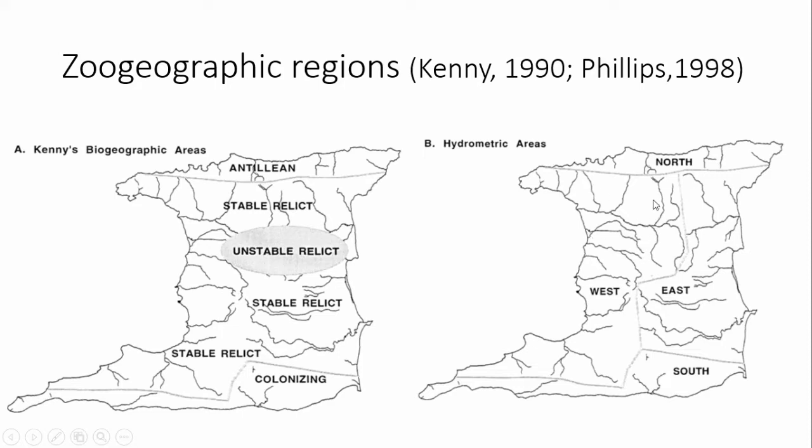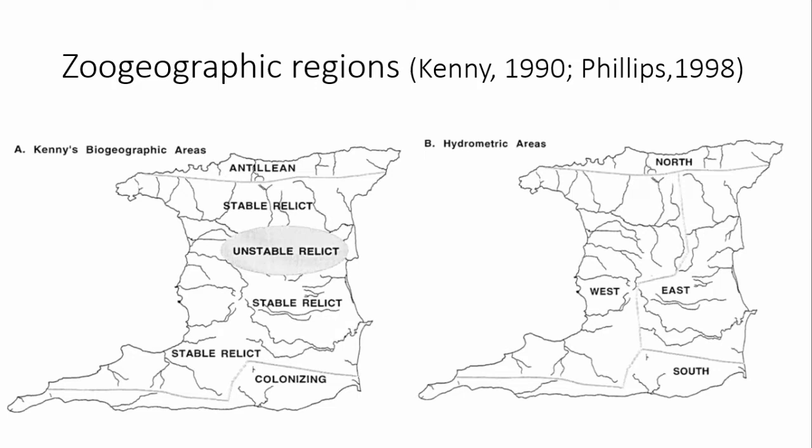We have the Caroni drainage, and then we have the south Oropouche and the west drainage here, making up the bulk of Trinidad's freshwater drainage systems. In fact, the south Oropouche drainage is roughly 1/3 of all Trinidad drainage, and the largest drainage being the Caroni drainage.